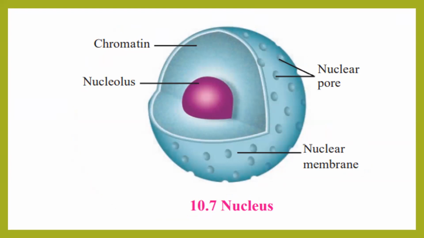The entire nucleus is bluish in color as given in the textbook, though it is not ideally blue in color. If you look at the outermost membrane, it has minute pore-like structures called nuclear pores. The outermost membrane is labeled as the nuclear membrane.